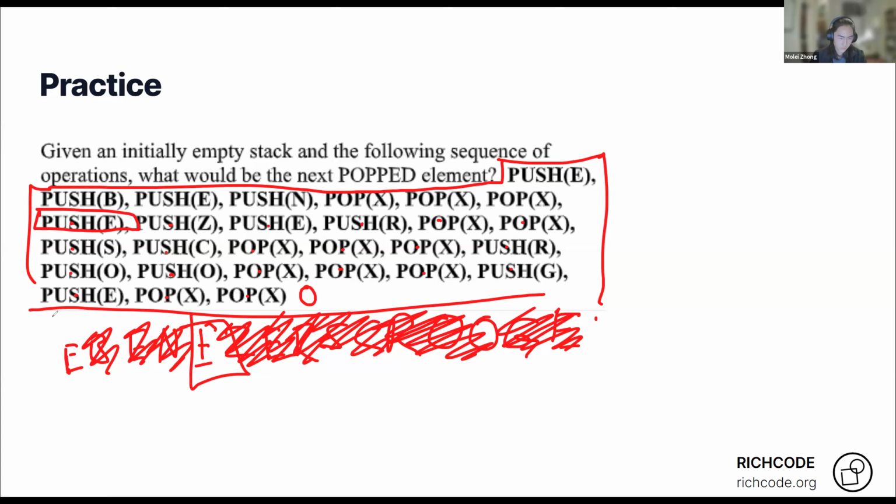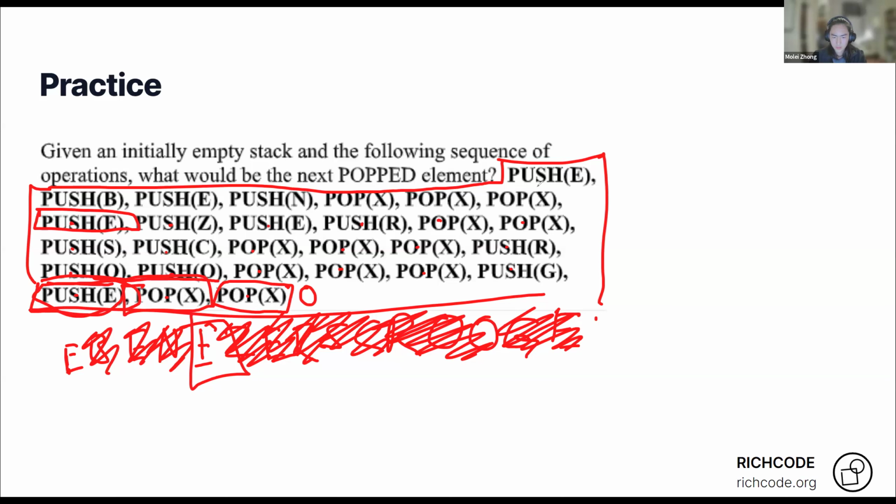So with this E, once we push it, it gets immediately popped by this next one. So that's why it's not the answer. Yeah, so that's why we're counting. What we're really doing is when we're going -1, we're just canceling out the next push that comes after.